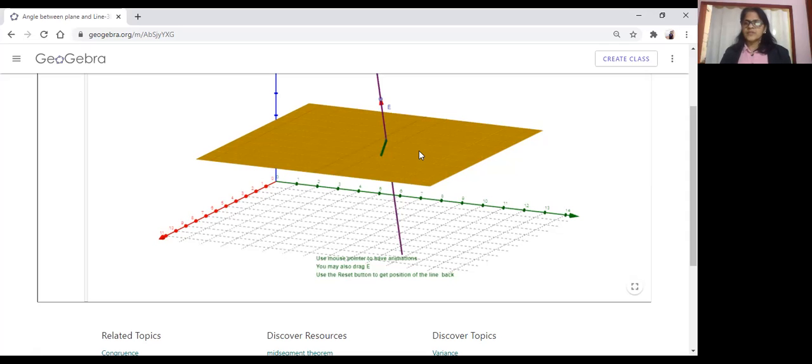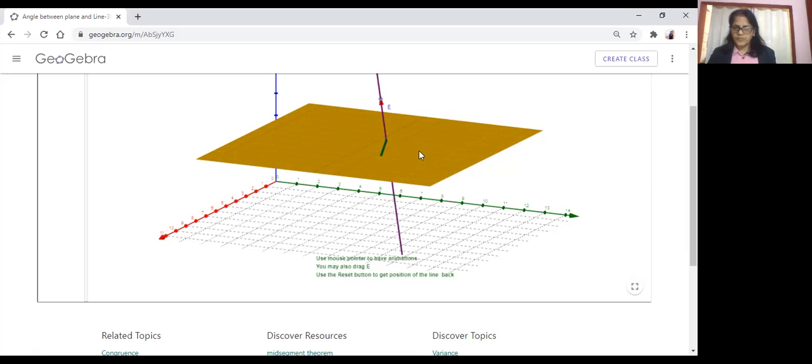So whenever you take any line perpendicular to the plane, the line will be parallel to the normal. Similarly, whenever the line is parallel to the plane, the normal to the plane will be perpendicular to the line.